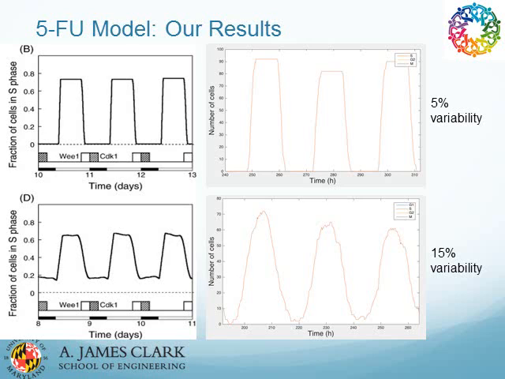Here we're able to replicate the data and the graphs that the authors made using 5% variability as well as 15% variability. Remember that the peaks are different here for each time because the authors induce a bit of a probability factor into this, just to make it more natural. If you see here, everything mirrors what the authors were doing.